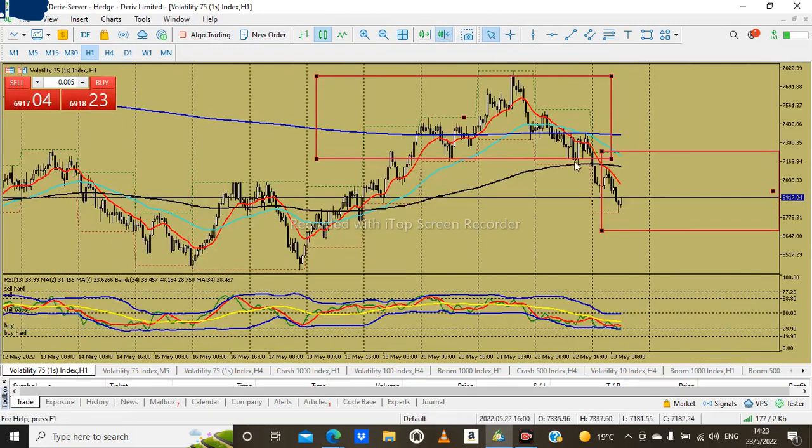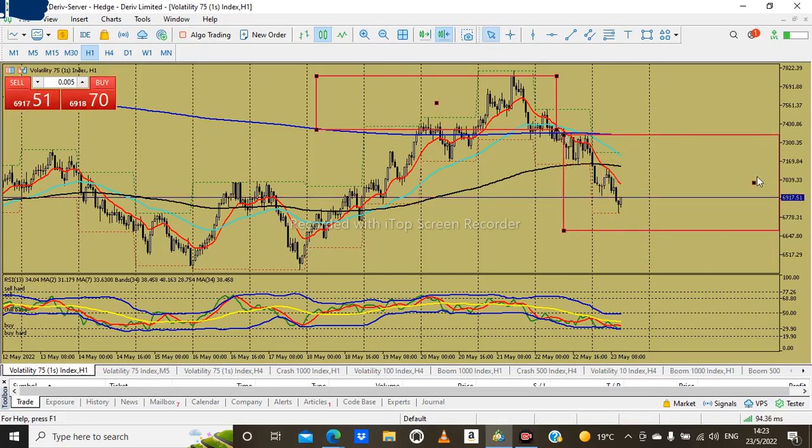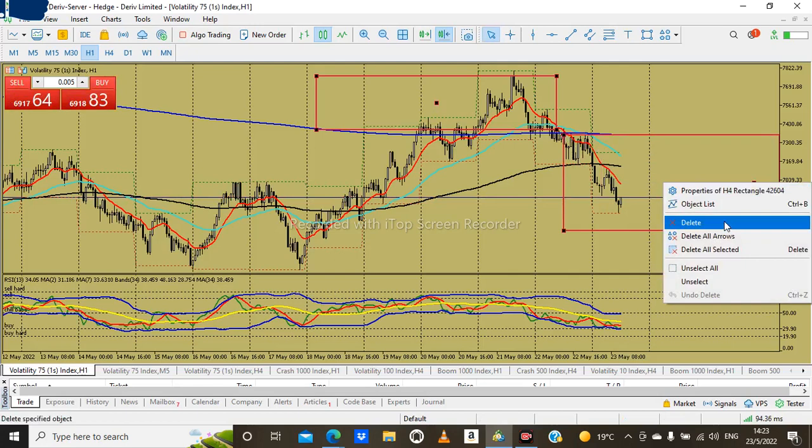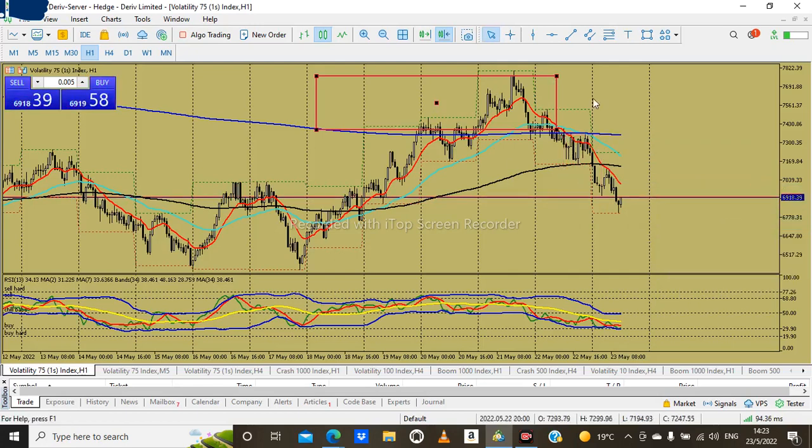Okay, this is further agreeing with my analysis. I'm anticipating further down pushes on this.